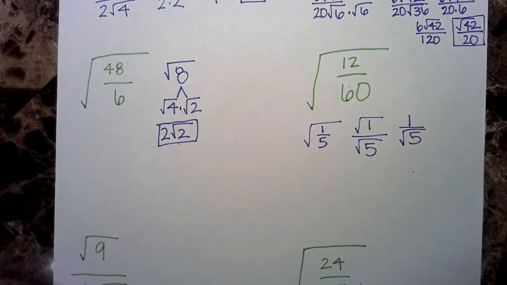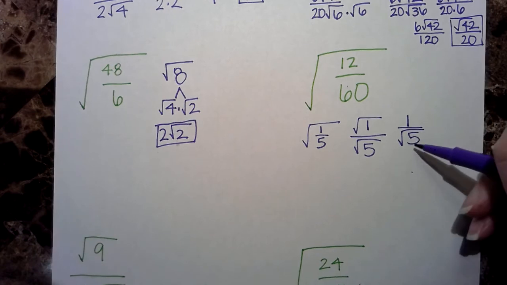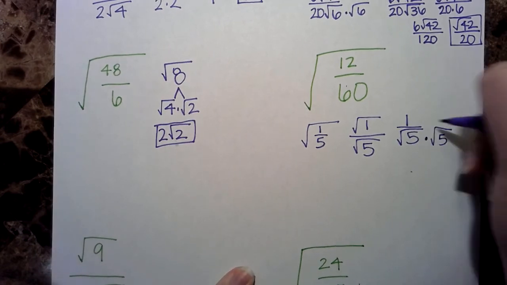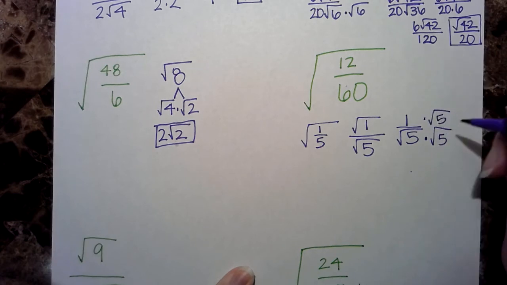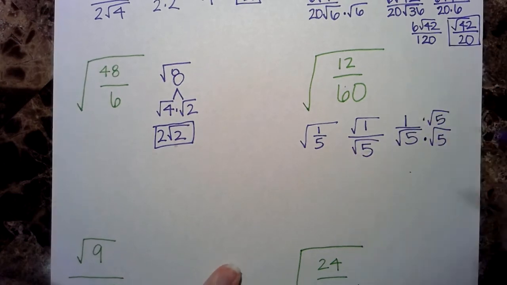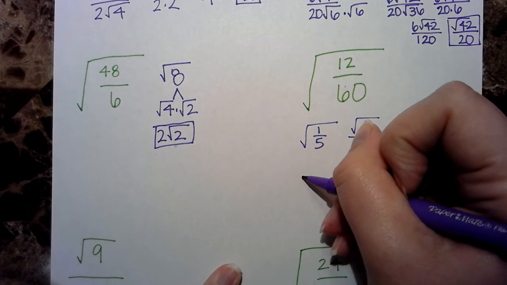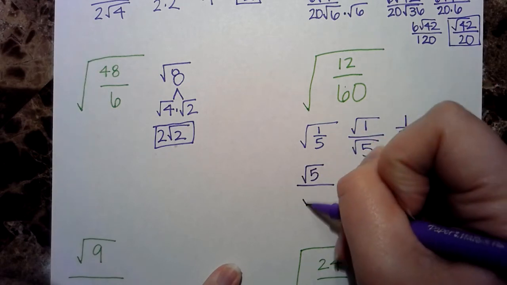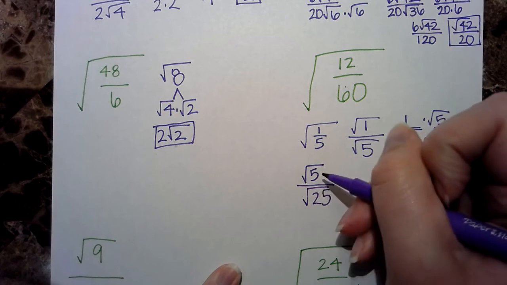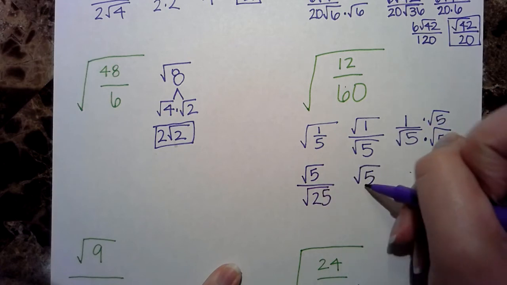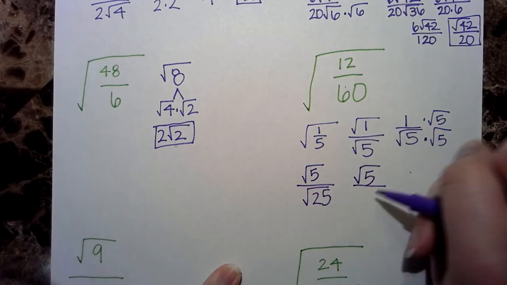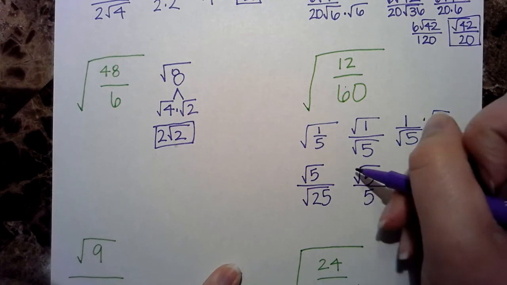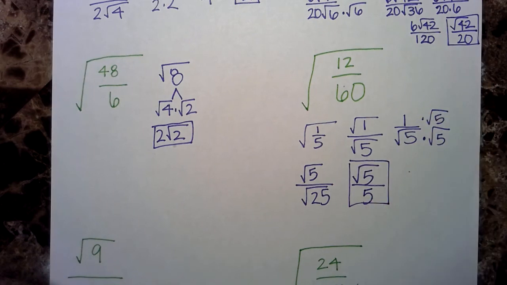I cannot leave it with a radical in the denominator, so I'm going to multiply the numerator and the denominator by the square root of 5. That leaves me with the square root of 5 over 5 times 5 is the square root of 25. Square root of 5 I can keep. Square root of 25 I can simplify, so it would be the square root of 5 over 5, and that would be my final answer.